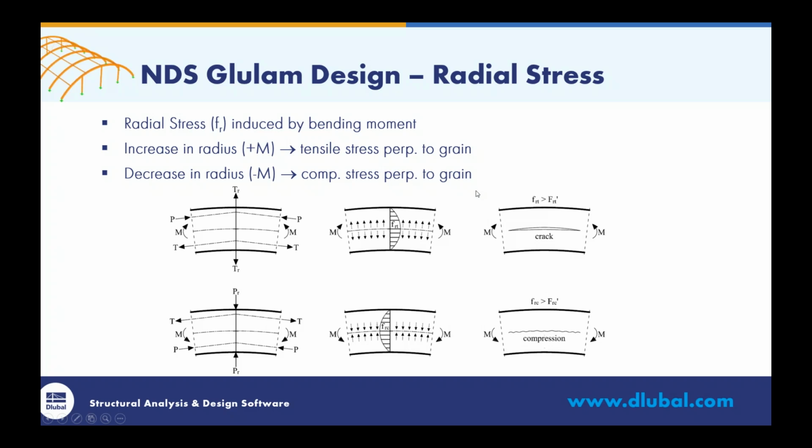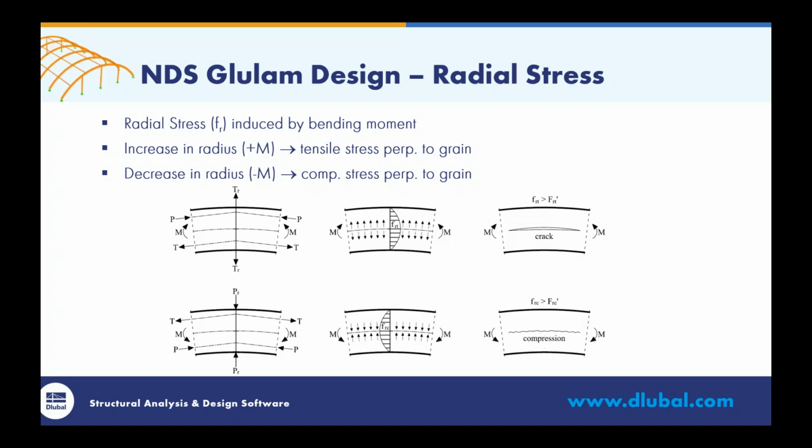And what this can eventually lead to, if they're too high, is cracking within our glulam member, which is of course never a good thing. In turn, if we have a decrease in the radius, which is caused by a negative bending moment, we can see by the series of pictures at the bottom that we have an increase in our compression stress perpendicular to the grain. Again, if these stresses are too large, then they lead to cracking and the compression stress as well.